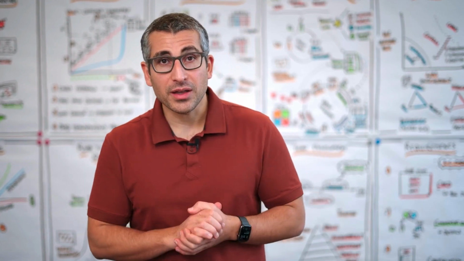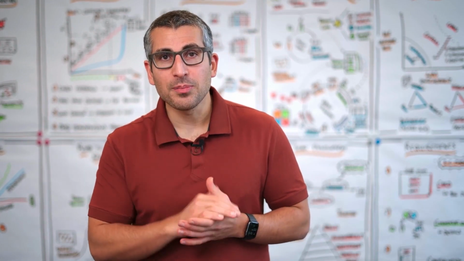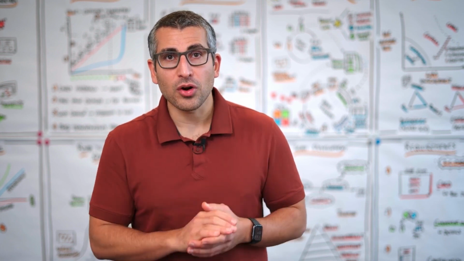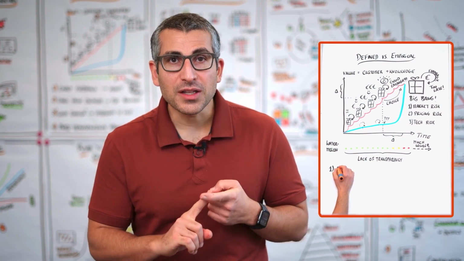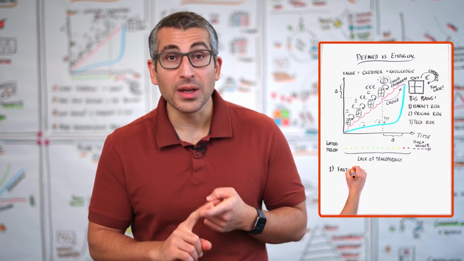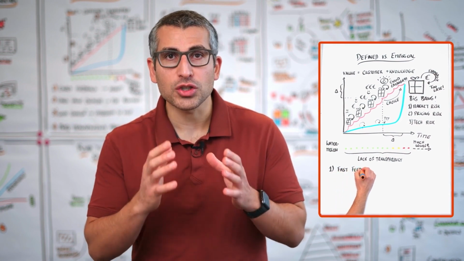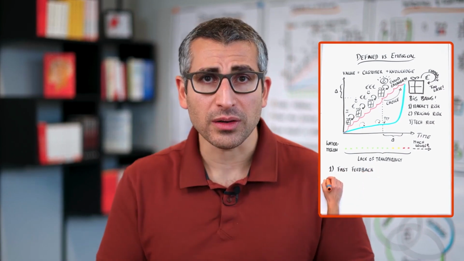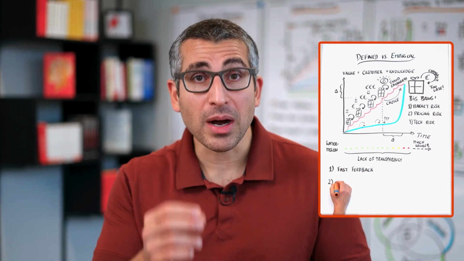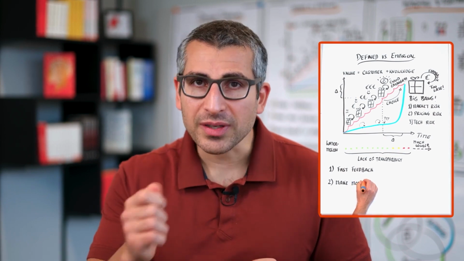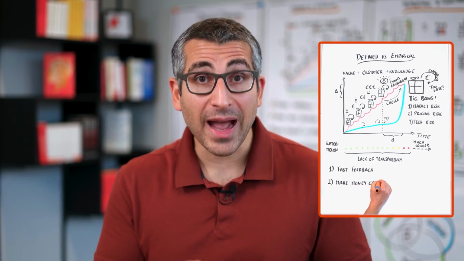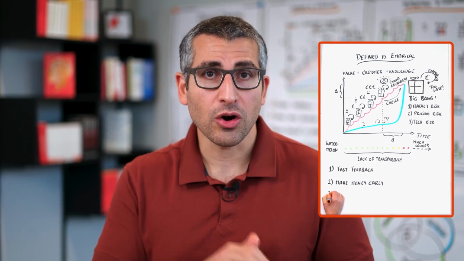So summarizing this, we see four distinct benefits of an empirical approach over a defined approach. The first one is fast feedback, fast opportunities to learn, and the opportunity to change what we're delivering. The second one is the benefit of making money much earlier. Because if we deliver value earlier, we're potentially in the position to also ask for money from our customers early on.